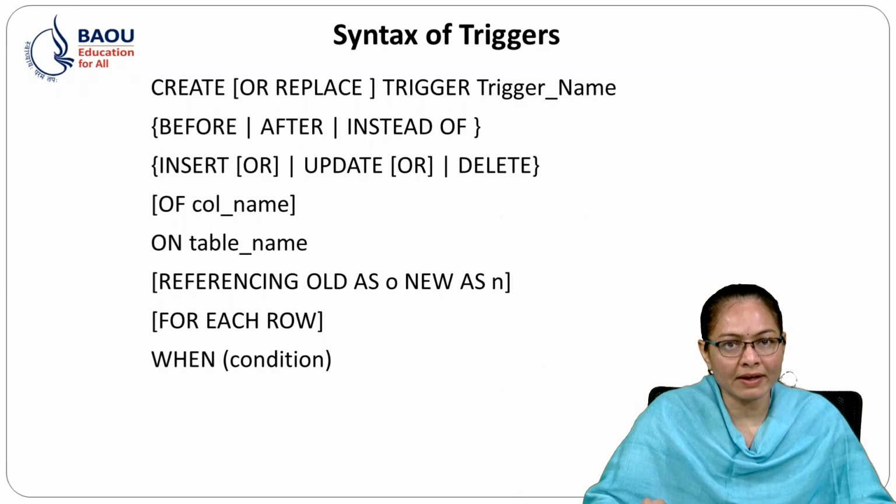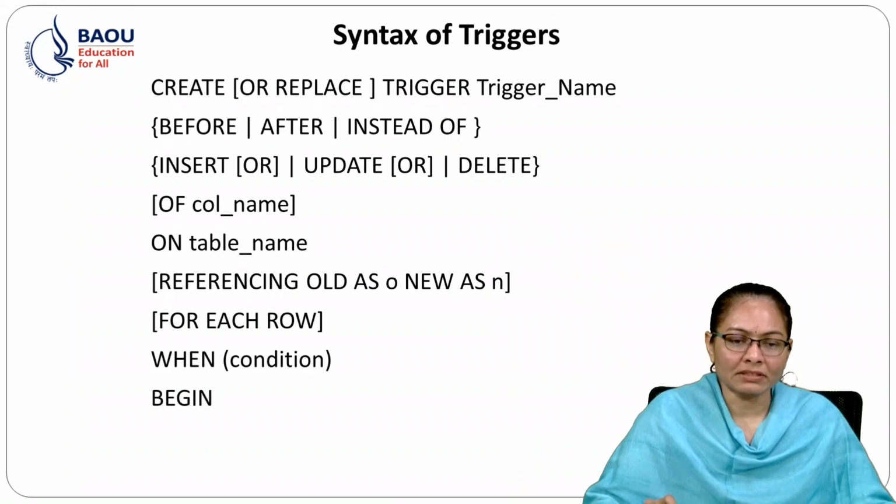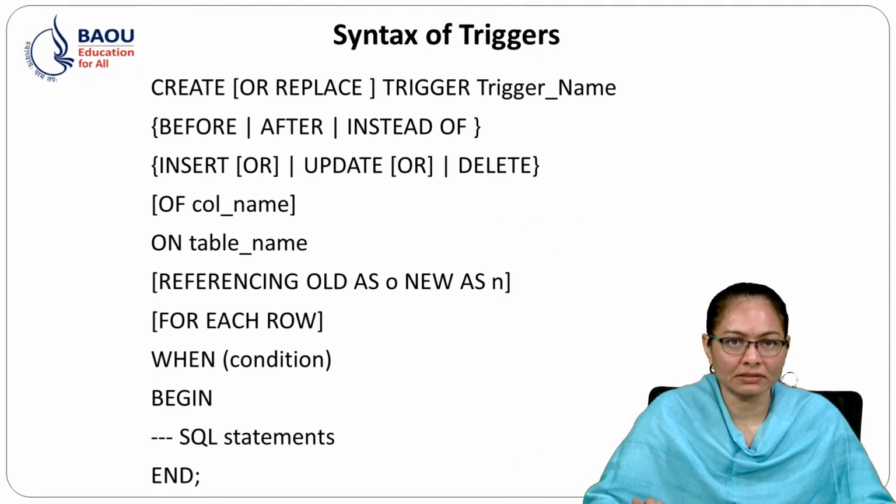The trigger is fired only for a row that meets the specific condition. After that, begin and then the SQL statements with the necessary logic. After that, end of the trigger.